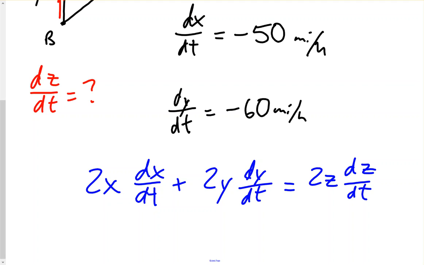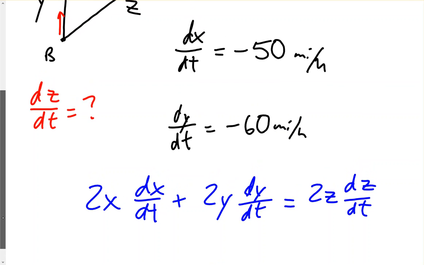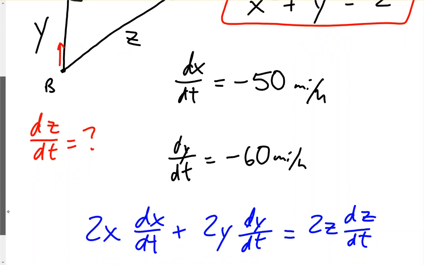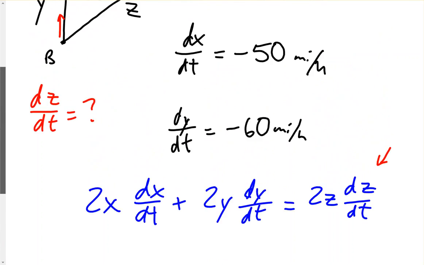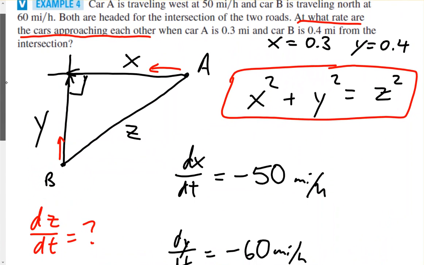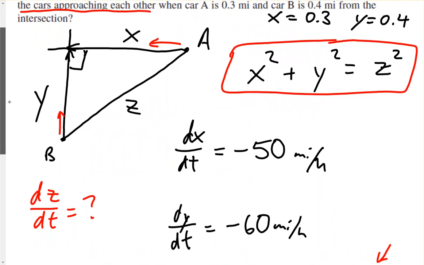Okay, and now we could plug in our values. Keep in mind we're solving for dz/dt. So x was 0.3, y is 0.4.